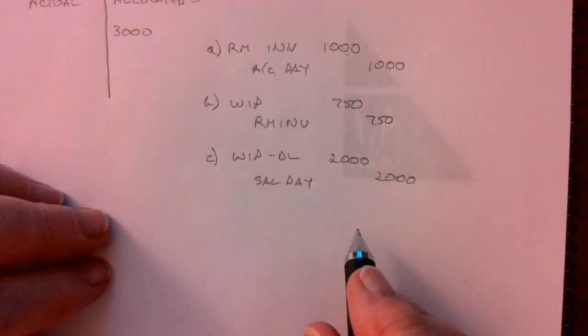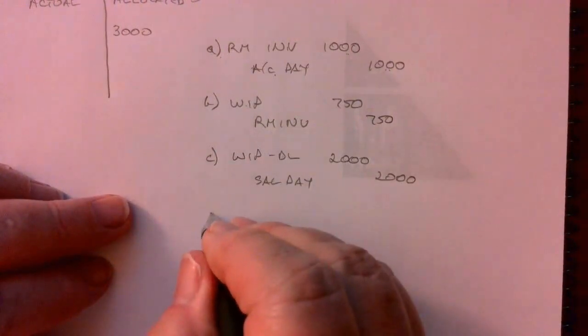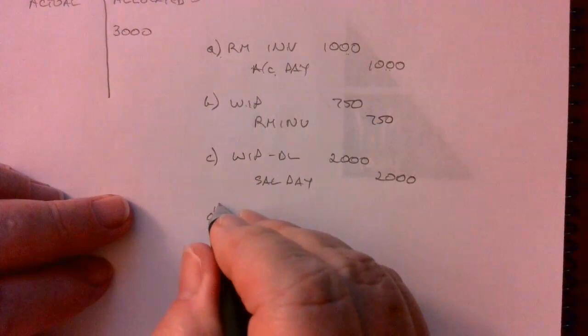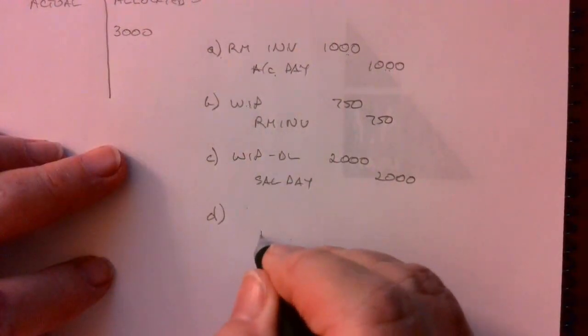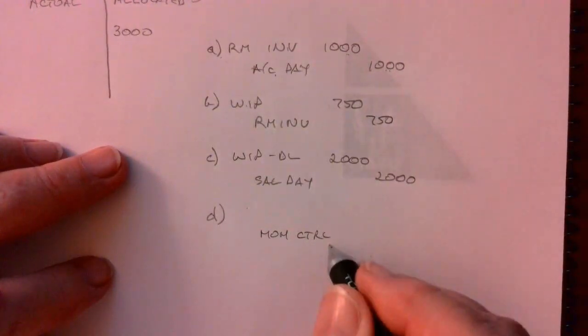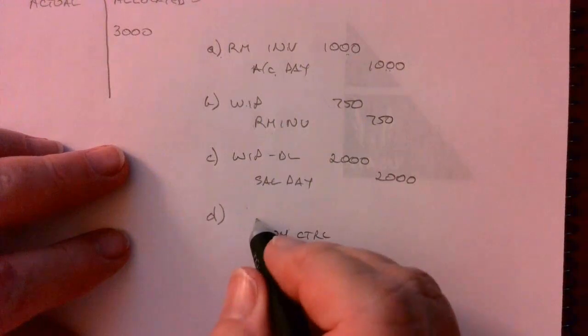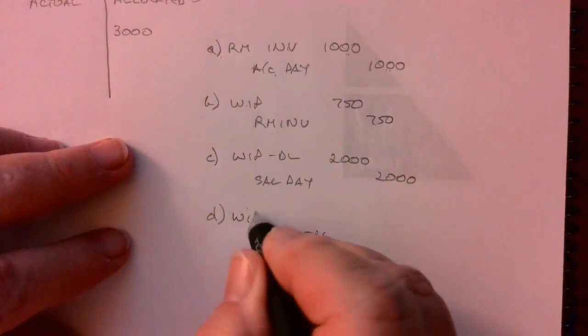And on D, we've got overhead for $3,000. So this would be when you would take it out of the control account. That goes to zero at the end of the year, and debit work in process.